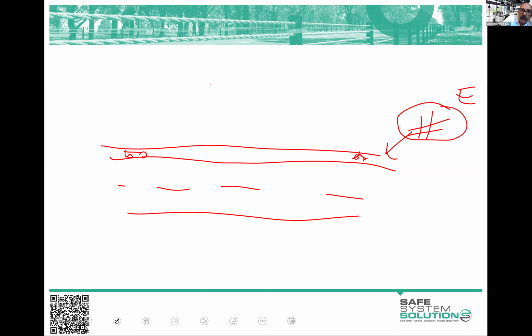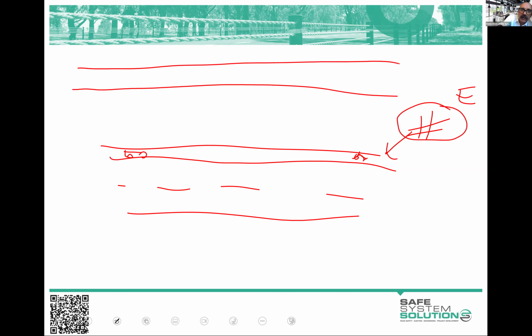If we then build a fully segregated facility, right, and we move the bikes onto there, the exposure on this section goes down because there's less bikes on there. So it's about the numbers that are not exposed to that crash from passenger vehicles.